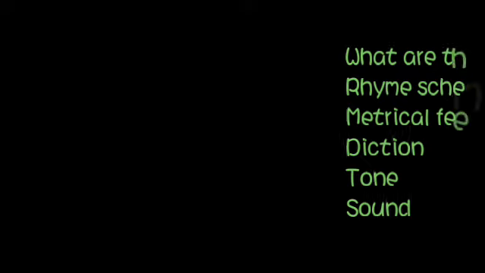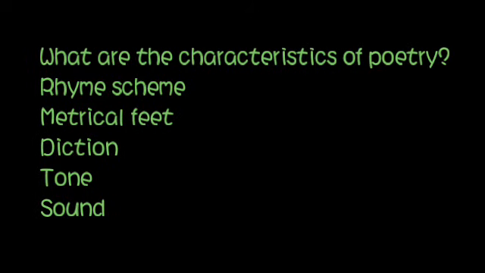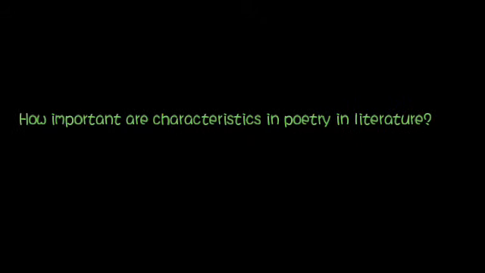So what are the different characteristics of poetry? Basically, we have 5 characteristics of poetry: rhyme scheme, metrical feet, diction, tone, and sound. The second question is, how important are the characteristics of poetry in literature? It is important to help the author convey feelings or thoughts through writing such literary work.